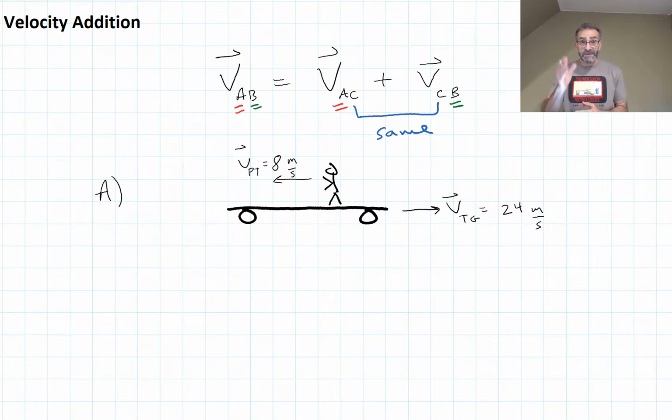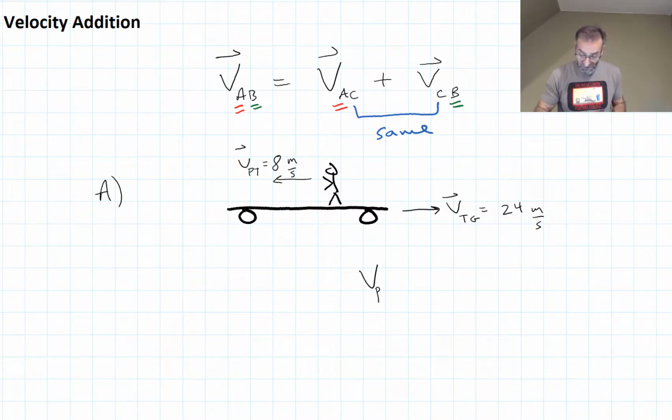If the person on the train was just standing still, someone on the ground would see them moving at 24 meters per second to the right. But they're moving to the left. So we're going to see them moving a little slower than 24 meters per second. We're going to see them moving 16 meters per second to the right. But let's do it with the equation and we'll see what we get.